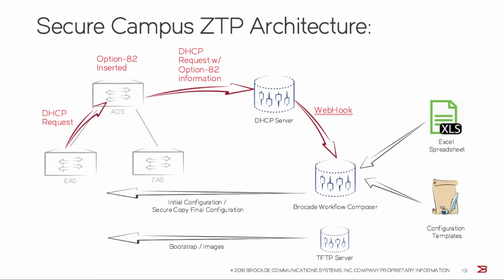Then Brocade Workflow Composer, triggering off of the webhook, will start a chain of events that lastly will take an Excel spreadsheet combined with a configuration template, securely transfer that to the edge access switch, and reload it. The edge access switch is now fully configured and part of the network.